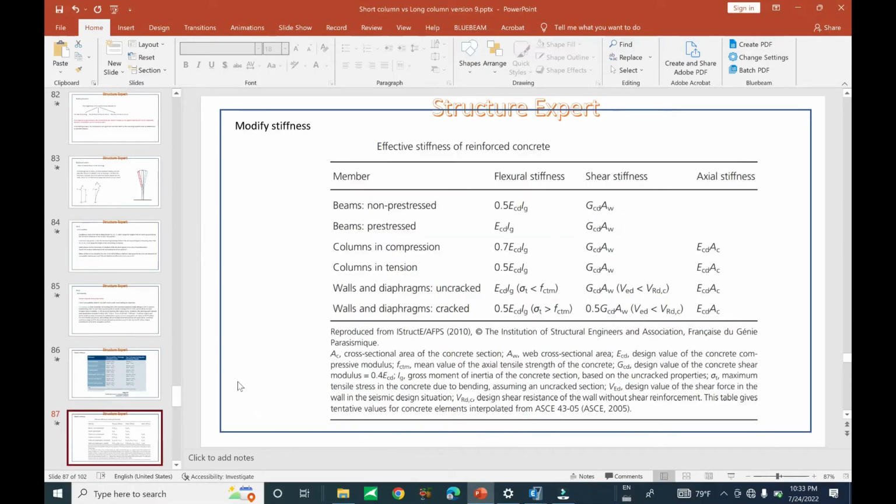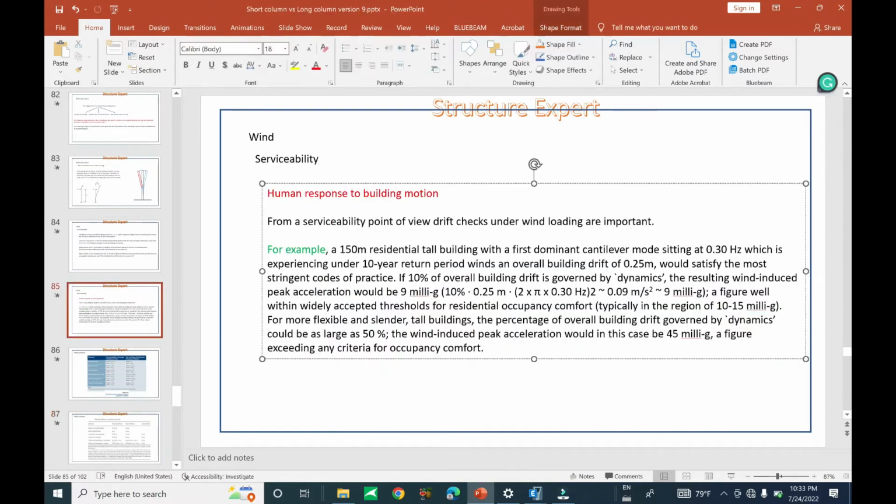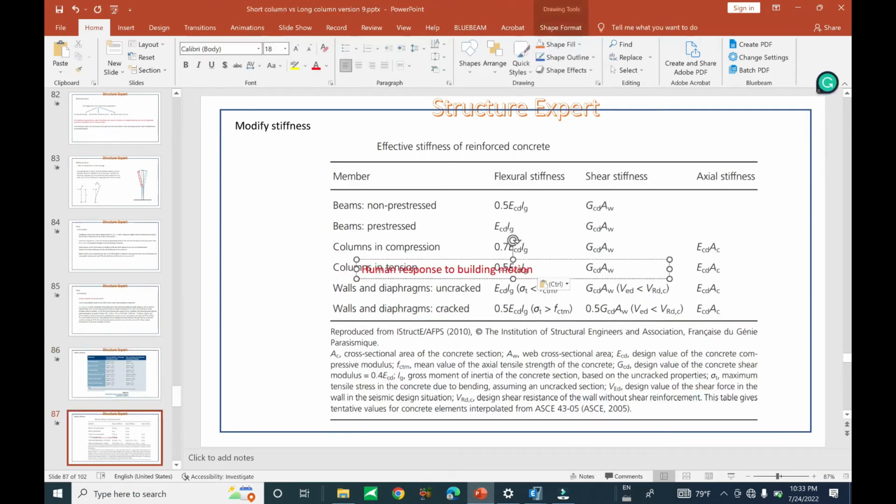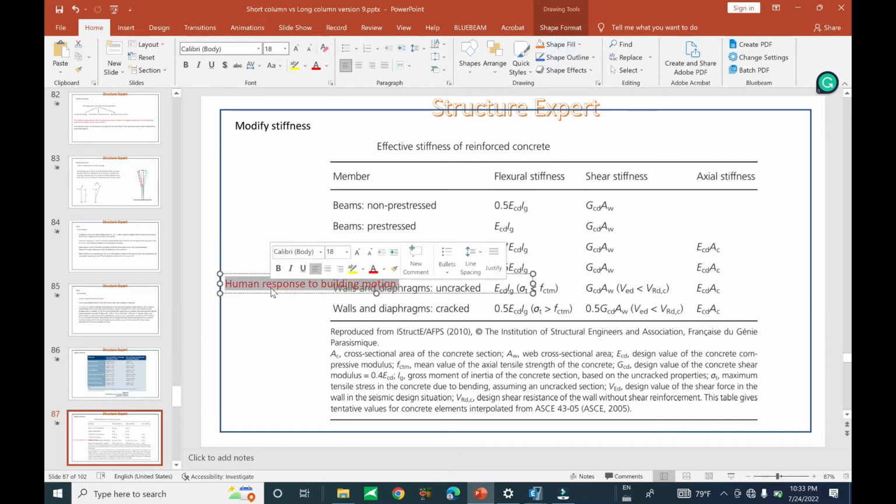For the ECD, this one is for the ultimate limit state, but for the serviceability you can do it the same. ECD is equal to ECM divided by 1.2.